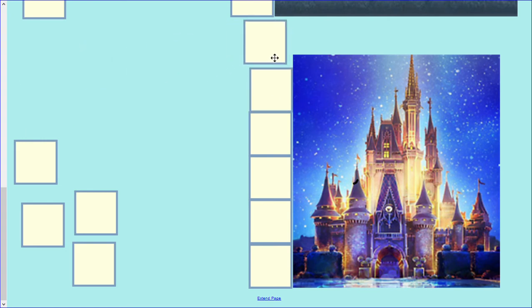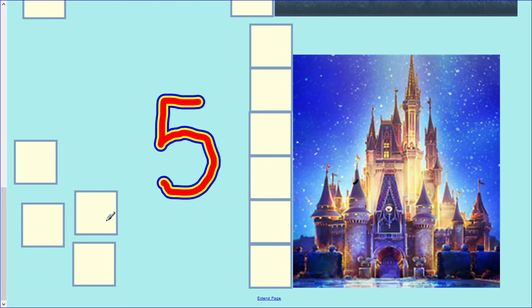Ooh, 5 and a bit. This tall tower is. So let's make another number. Let's write a number 5 because it's closer to 5 than 6. So across, down and around the hook.